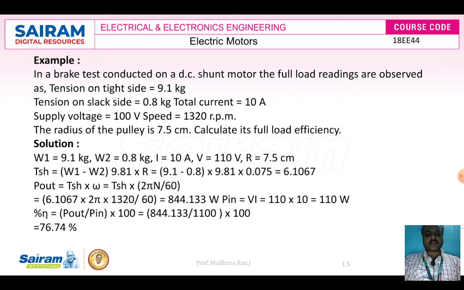Power output is equal to torque into angular velocity. Substitute the values and power output is 844.133 watts.